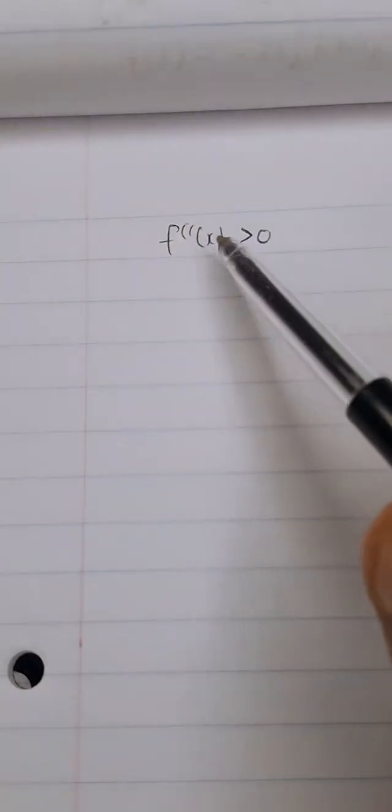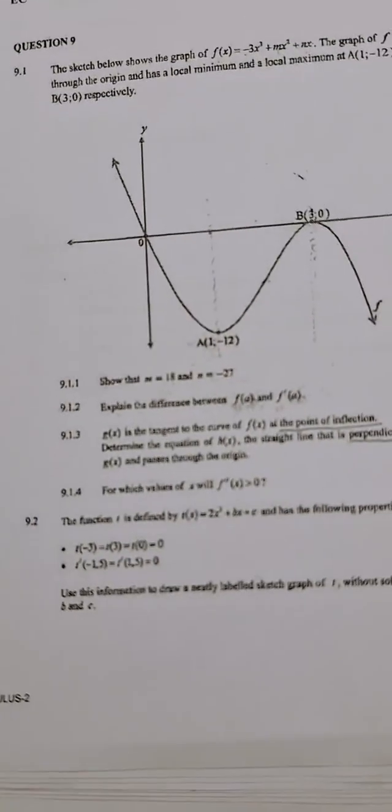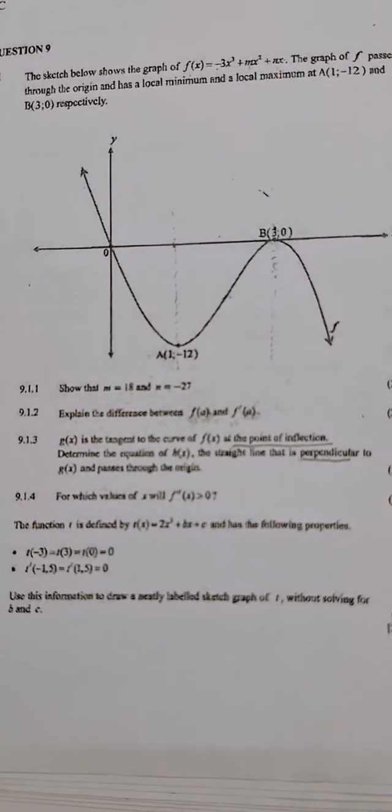They want us to find the x values where the function is concave up. When they say f double prime x greater than 0, they are basically saying, where is the function concave up? So you go to the function and ask yourself, where is the function concave up? And so they're saying for which values of x.